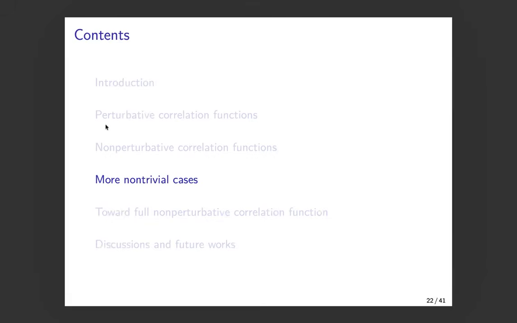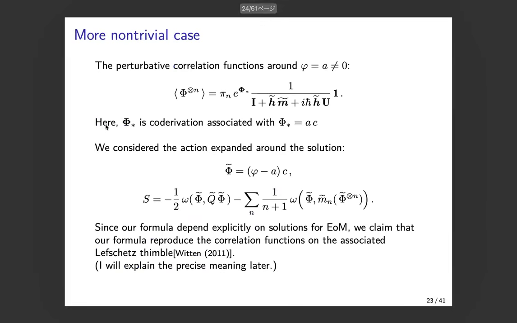So let us consider a more non-trivial case. In the previous perturbative correlation functions, we considered the correlation function around phi equal to 0. We can also consider expansion around phi equal to a, not equal to 0, where a is a solution of the equations of motion.